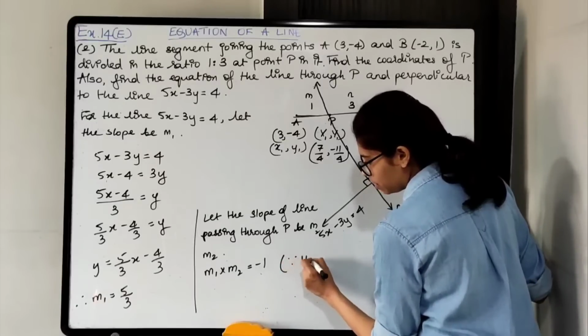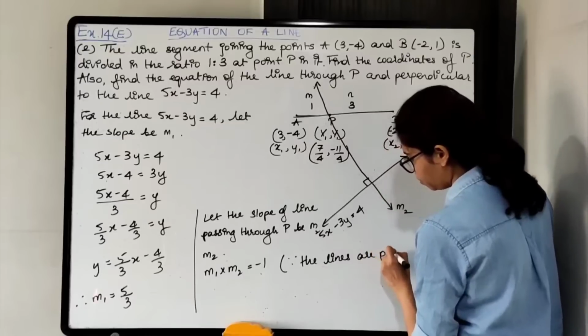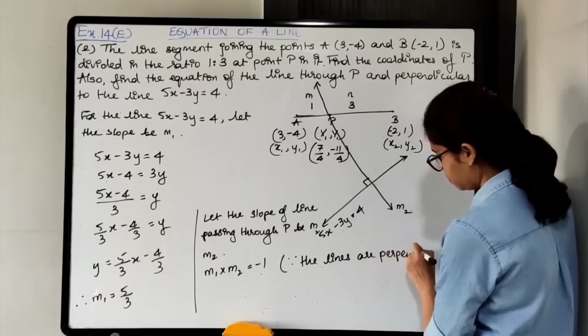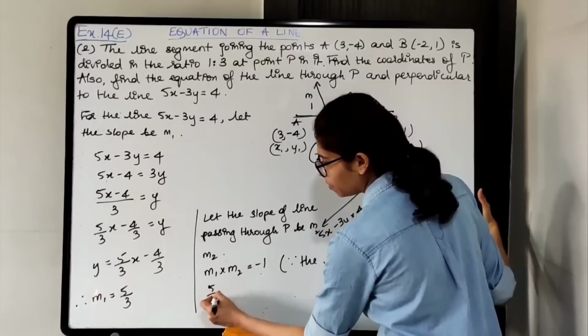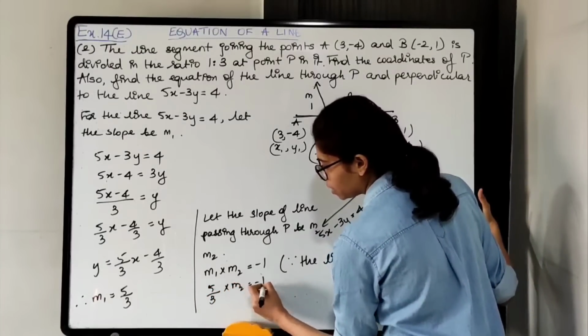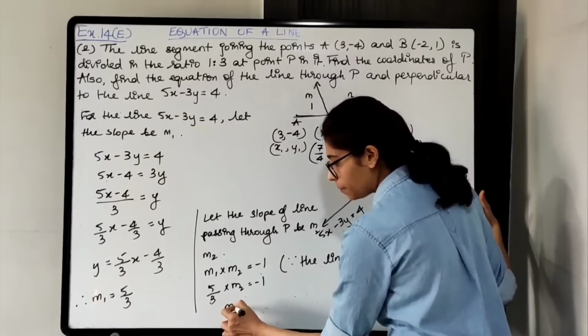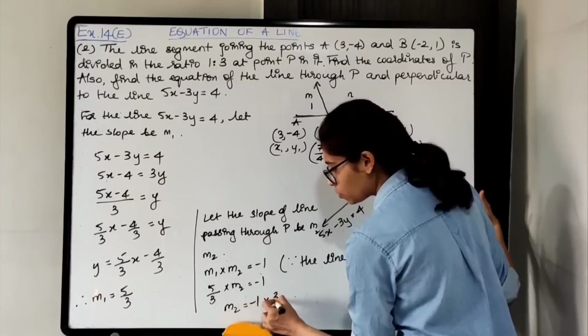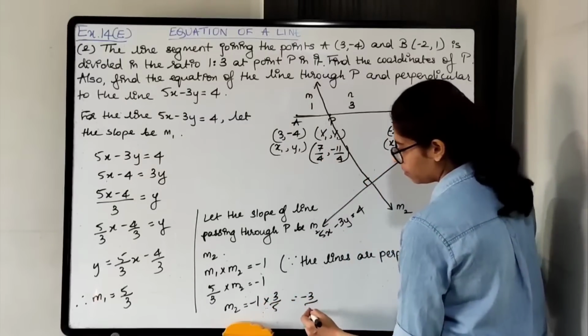Since the lines are perpendicular, so m1 का वैल्यू पुट करते हैं 5/3 into m2 is equal to -1. शिफ्टिंग 5/3 ऑन द अदर साइड रेसिप्रोकल हो जाएगा, -1 into 3/5. So it will be -3/5. Okay.